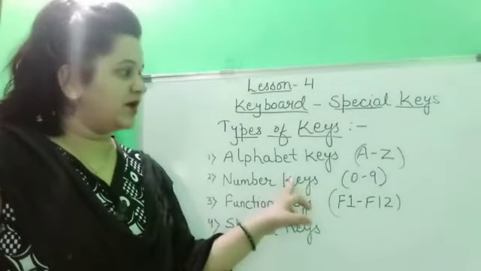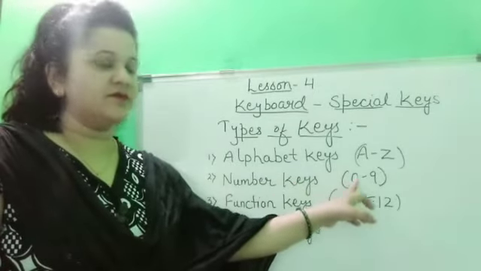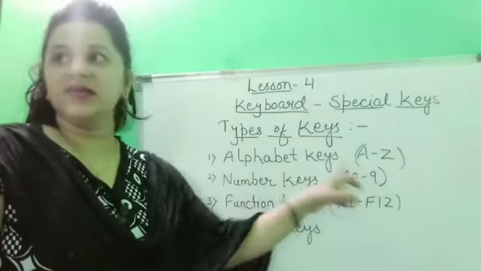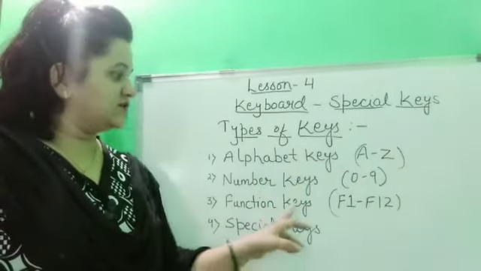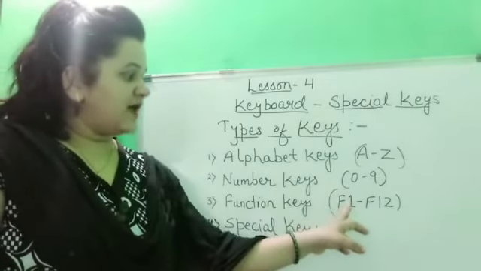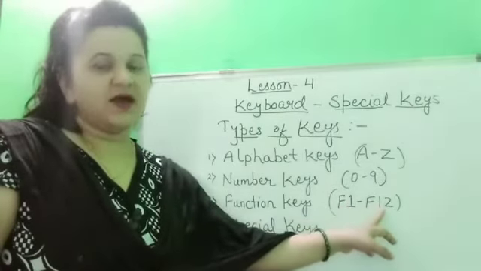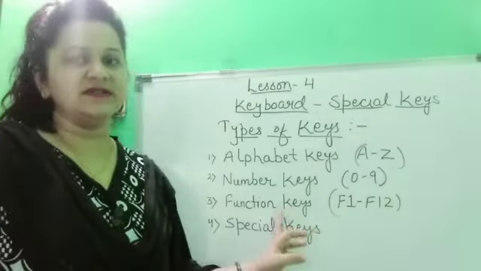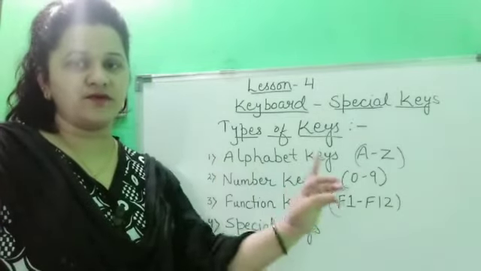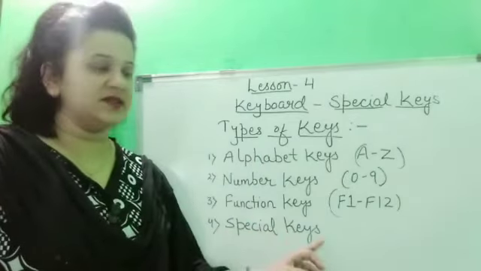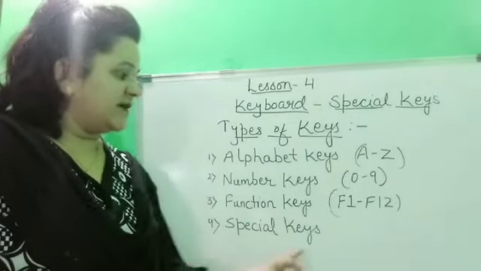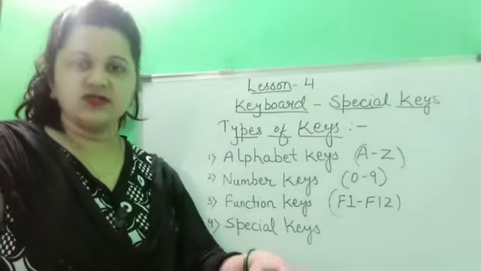The keys on which the numbers are written from 0 to 9 are called number keys. Next come function keys. The keys on which F1 till F12 are written are the function keys. These keys are present at the topmost row of the keyboard. Now next come special keys. About this we'll be going to study in this chapter.